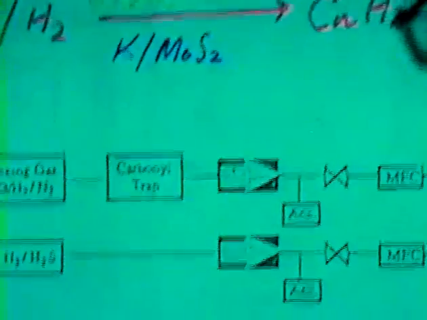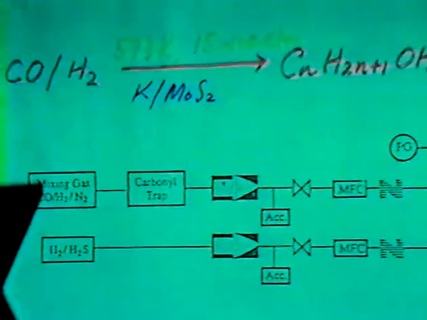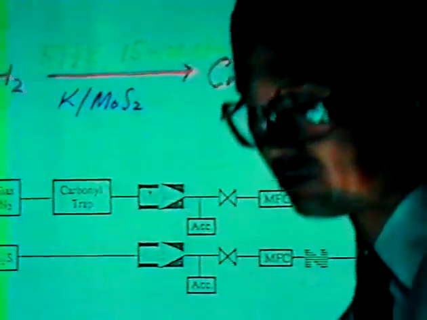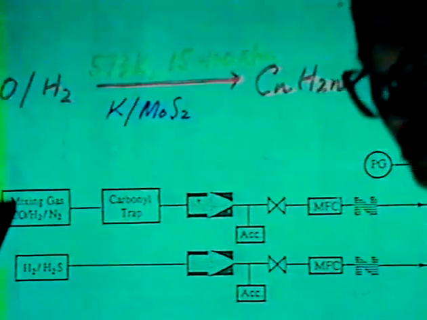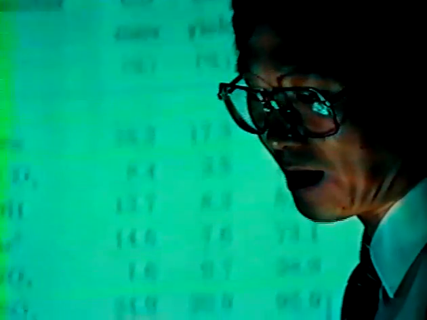In our case, we studied the reaction in a conventional high-pressure flow reaction system, and the product was measured by GC. So we employed a number of potassium compounds and studied their steady-state activity and selectivity of CO hydrogenation.